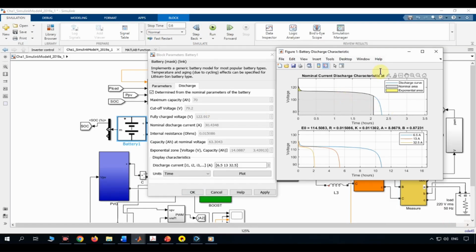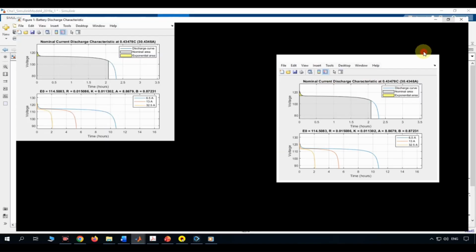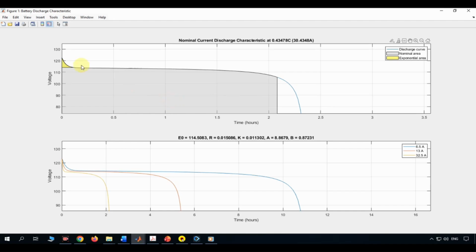This top plot shows the full discharge curve at that nominal current, 30.4348 amps. Three regions are color-coded. The yellow exponential zone right at the start: voltage drops quickly as the battery transitions from its fully charged voltage down toward nominal. The gray nominal area, the long, gently sloping plateau where the battery spends most of its useful discharge life, voltage decreasing slowly and predictably.